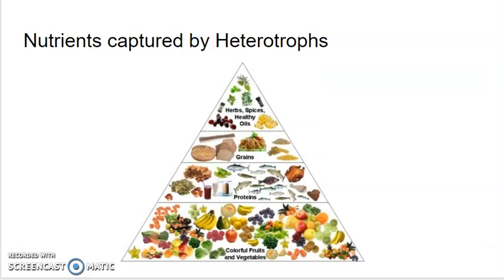If we talk about nutrients captured by heterotrophs, that's easy, because when animals eat plants or other animals, they obtain nutrients as well as energy. And because they come from living organisms, these nutrients are in organic form. For example, most animals get their nitrogen from the proteins they eat.